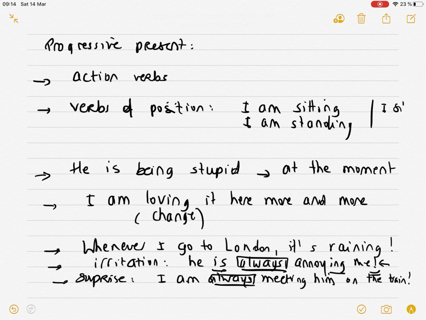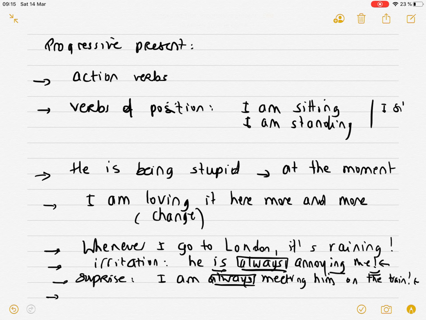It's once again impossible to use this be plus ing form with always, but in this particular case, as you can see, there's another exclamation mark, but you would use the progressive present this time because you want to express the surprise. That's really strange, right? Once again, it's a form of emotion.